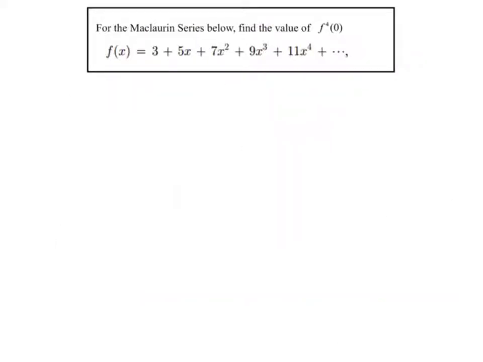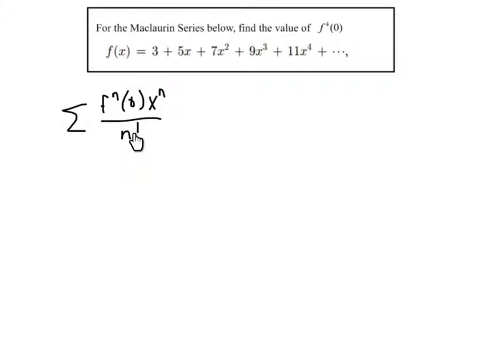For the Maclaurin series below, find the value of the 4th derivative. Well, remember, for Maclaurin, we always have the value of the derivative at 0, times x to that same power, and then n factorial on the bottom. Of course, the only difference with a Taylor is it's a here and x minus a to the nth.